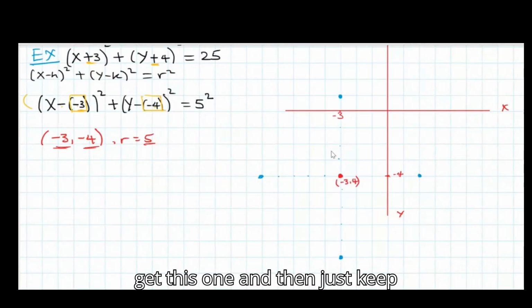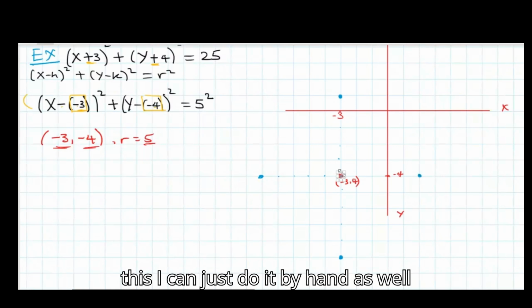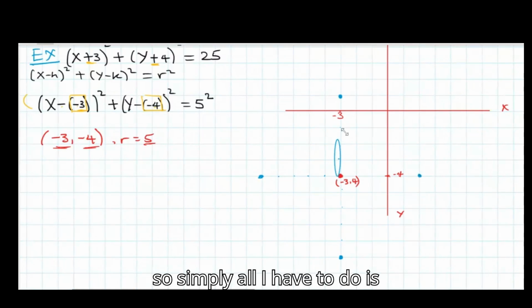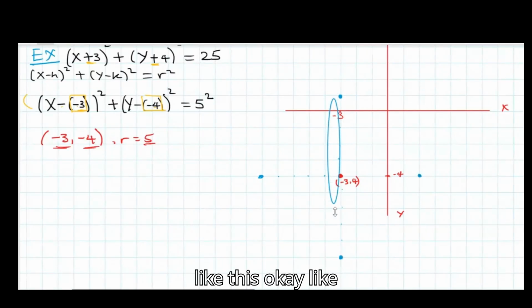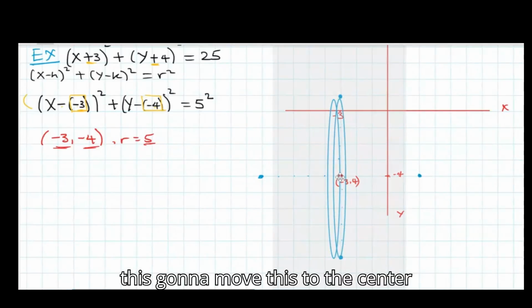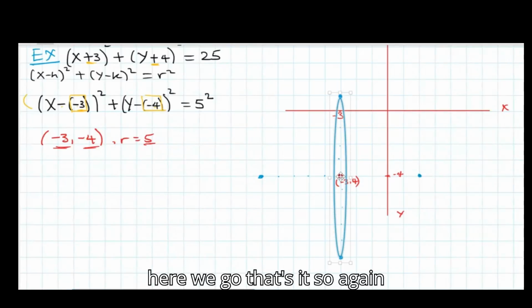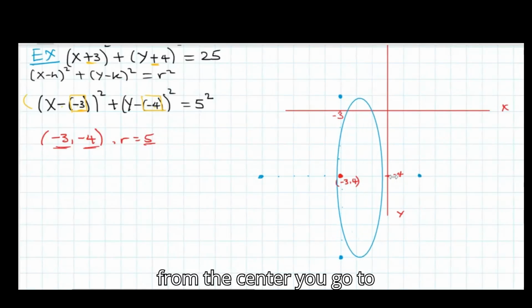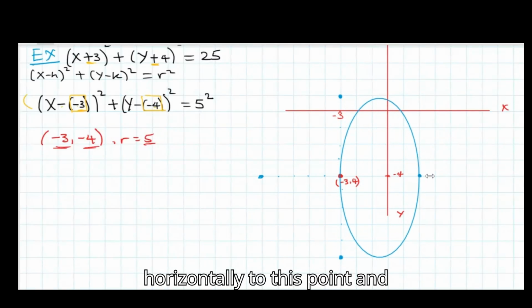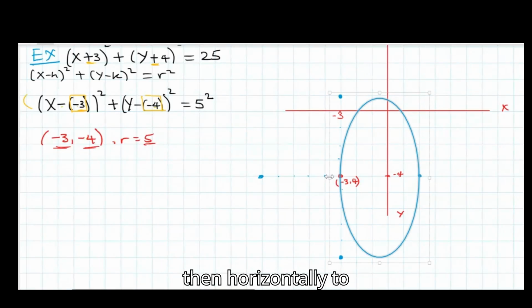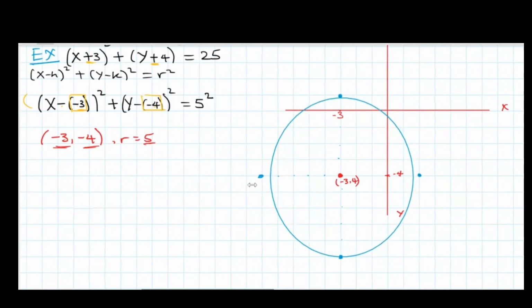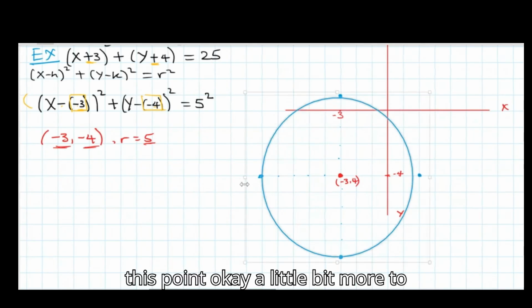Now I can just do it by hand as well. Simply, all I have to do is like this. From the center, you go horizontally to this point, and then horizontally to this point.